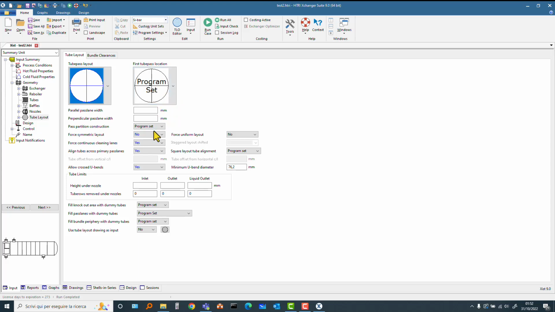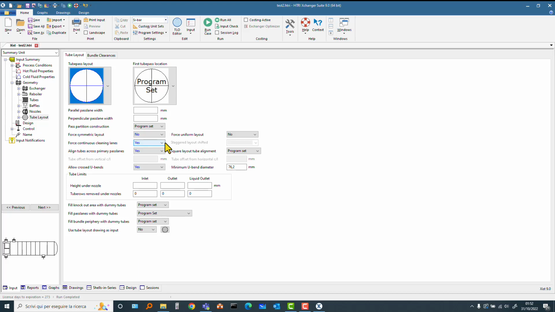You have then other characteristics that have been given. Here, force symmetric layout, no, it's not necessary.